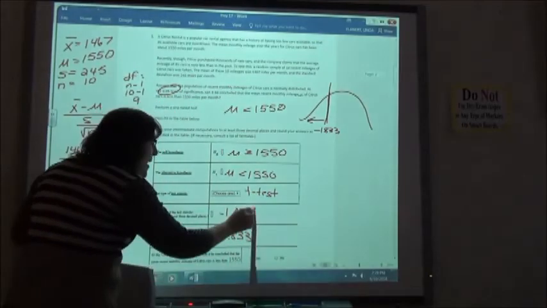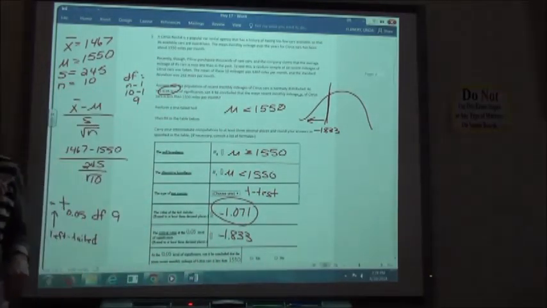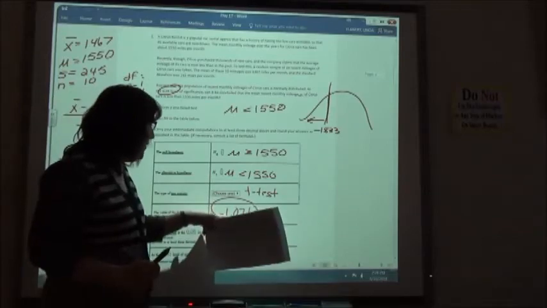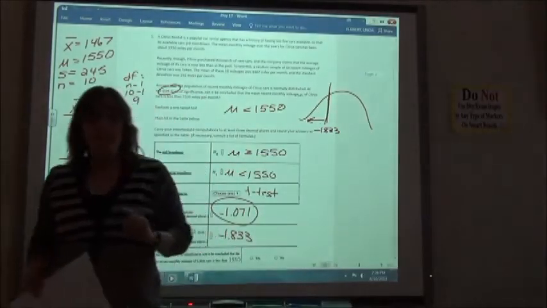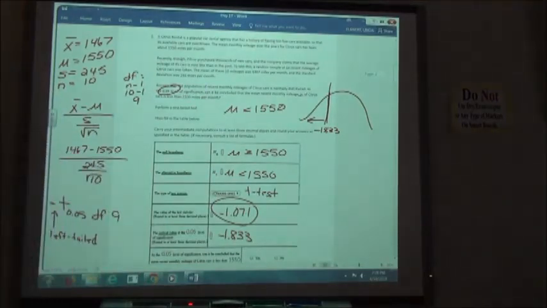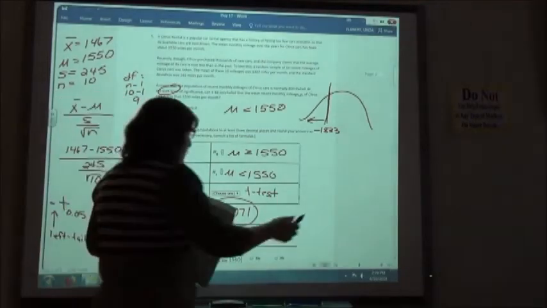You're trying to decide, is this number in that section or not in that section? Where would negative 1.071 be? Would it be over here or over here? Is it bigger or smaller than negative 1.833, in other words? It's bigger, right? Since this is negative.